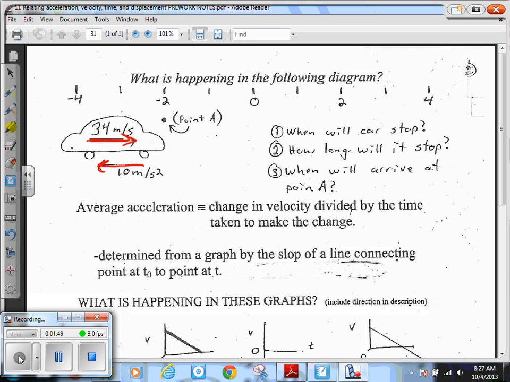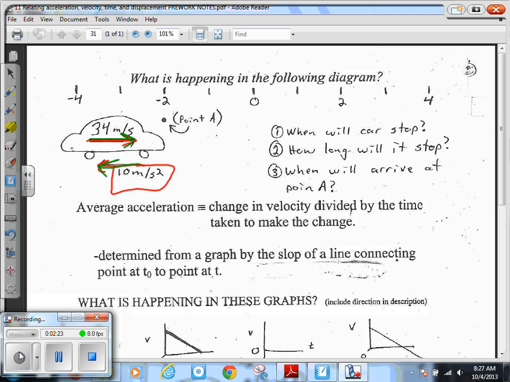Now, if you put this into one of your formulas, just the way it is, what's going to happen to your velocity? As a positive number, it would show an increase in velocity, right? But why do we know it's not a positive number? Because it's in the opposite direction, which isn't backwards or forwards, up or down, but the opposite direction of the velocity.